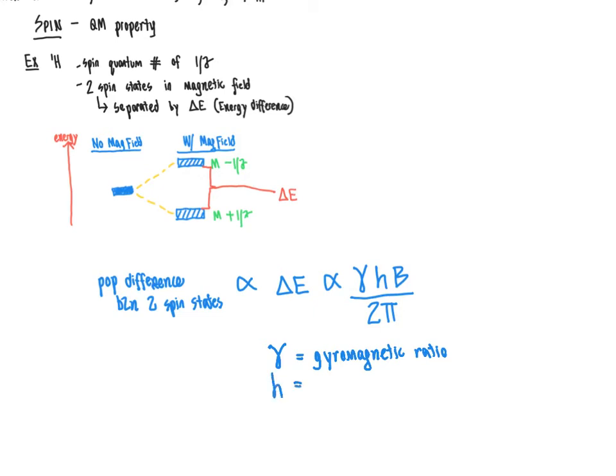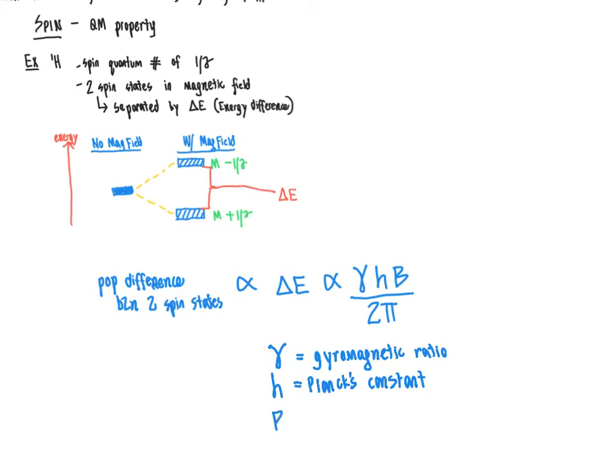Our H value here refers to Planck's constant. That term constant in there is going to suggest to us that we can't play with that value. So that one is a no-go as well when we think about how we can improve the energy difference between our spin states or change the population difference between the two spin states in order to improve our NMR signal. So Planck's constant, can't manipulate that.